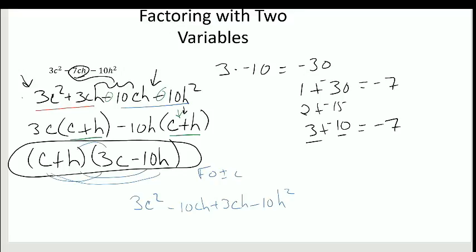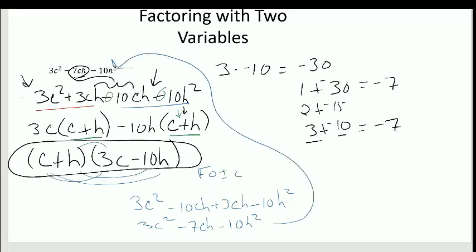So if we combine these like terms in the middle, we end up with 3c squared minus 7ch minus 10h squared, which is our original trinomial. So your answer to this in factored form is c plus h times 3c minus 10h.